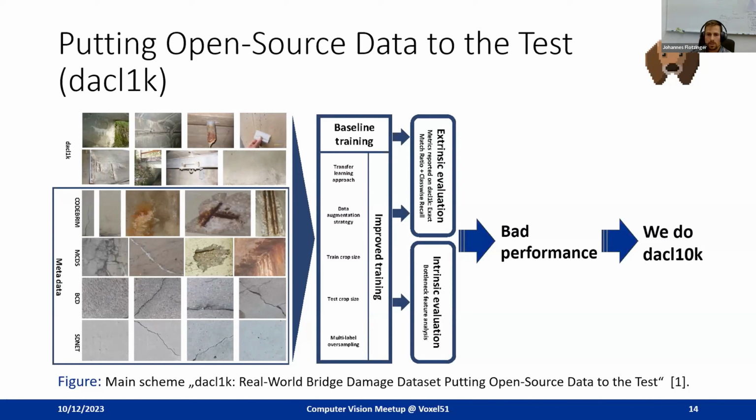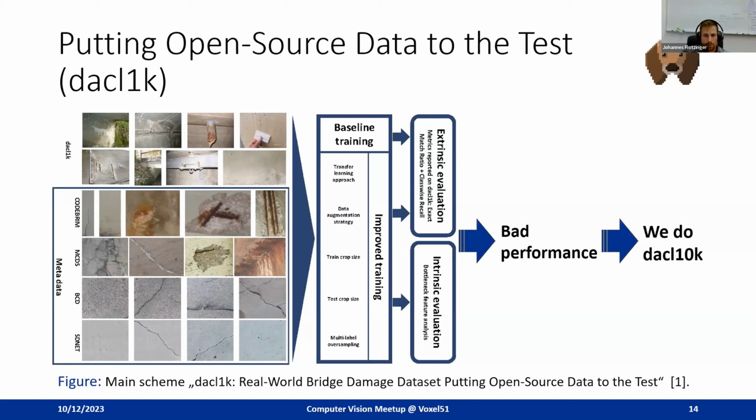And we combined multiple open source concrete defect datasets in so-called metasets. There was, for example, a multi-label dataset, a multi-class dataset, and 2 binary crack datasets. And so we did different combinations of those datasets in order to get the best performance on our real-world dataset called Dacl 1K.